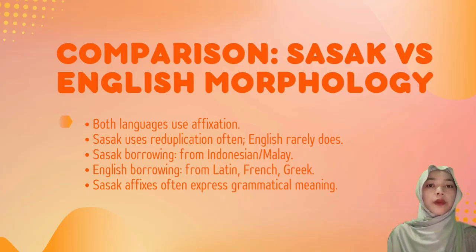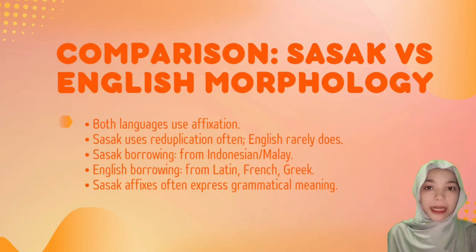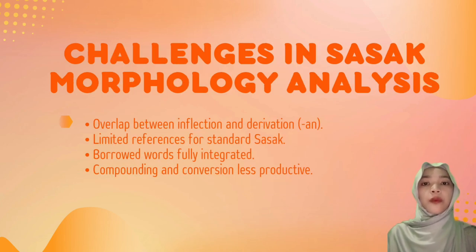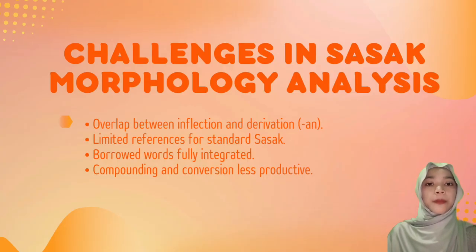English mainly borrows from Latin, French, and Greek, while Sasak borrows from Indonesian and Malay. During this analysis, I also faced several challenges. It was sometimes difficult to distinguish between inflection and derivation, especially with the suffix an, which can have more than one function.